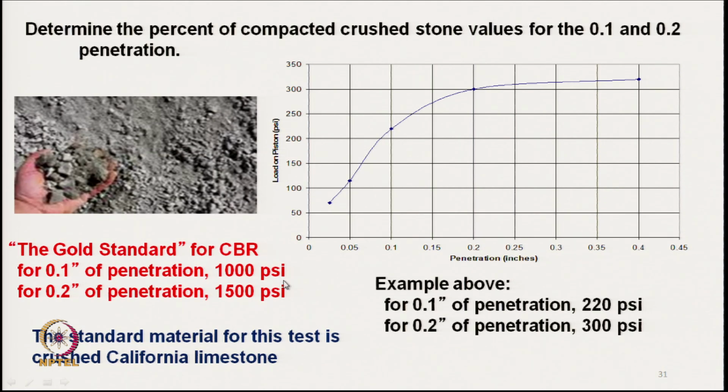Now, the ratio for 0.1 inch penetration is 220 divided by 1000 multiplied by 100. That is the percentage, which is actually called the California bearing ratio, and at 0.2 inch penetration it will be 300 divided by 1500.